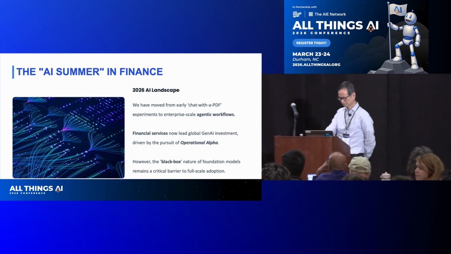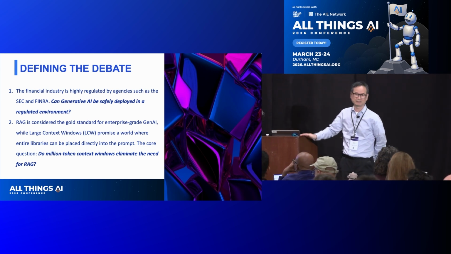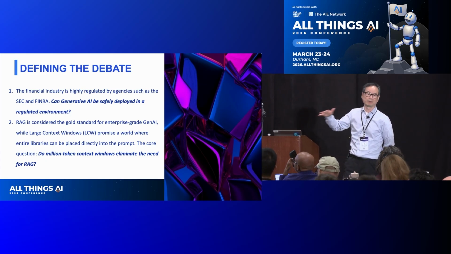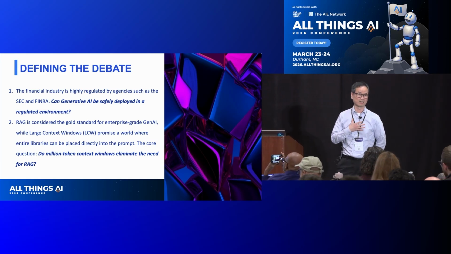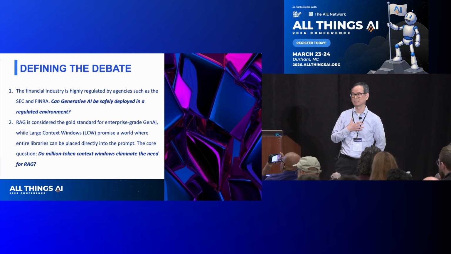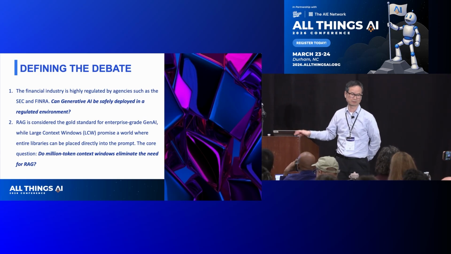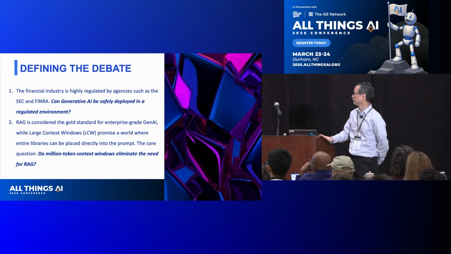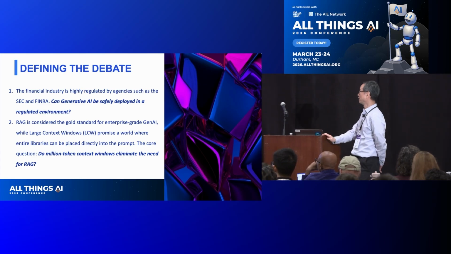So here is the main discussion today. There are really two central questions. In a highly regulated industry like financial services, can we safely adopt Gen AI? You can probably say the same thing about other industries dealing with a massive number of customers, whether it's healthcare or pharmaceutical. They are heavily regulated. How can we apply Gen AI safely in such a regulatory environment?